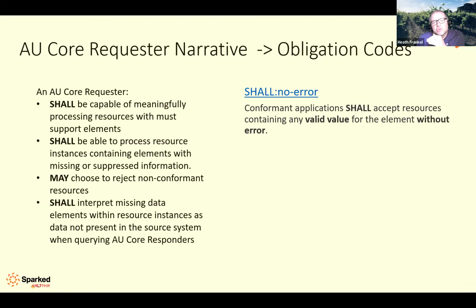As we're moving towards using obligation codes, the code that we think we actually really mean is something called shall no error. Shall no error means that conformant applications shall accept resources containing any valid value for the element without error.